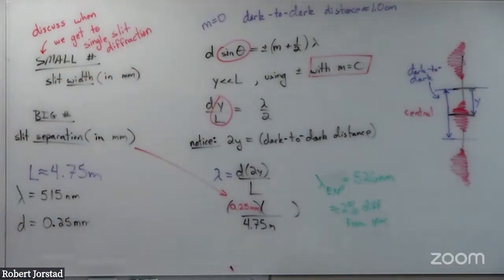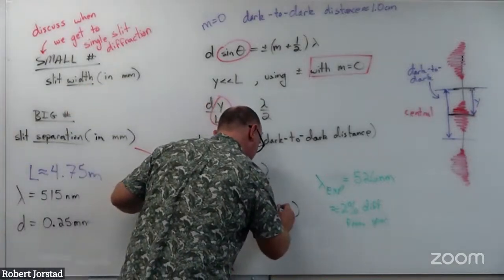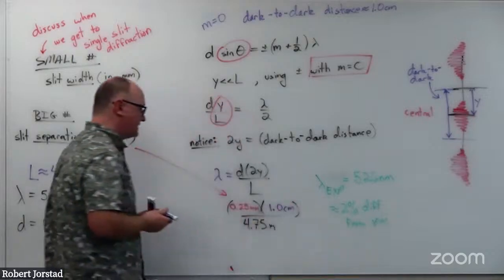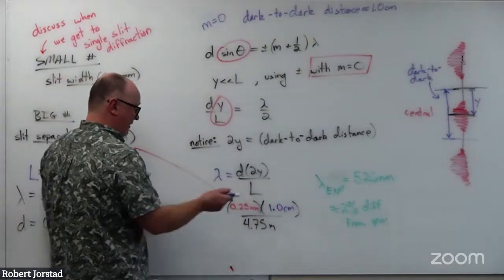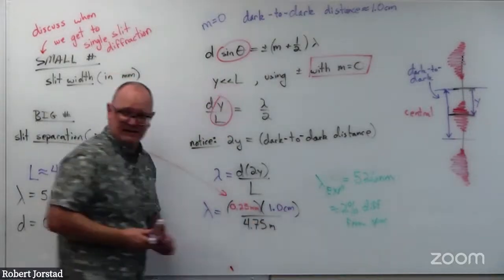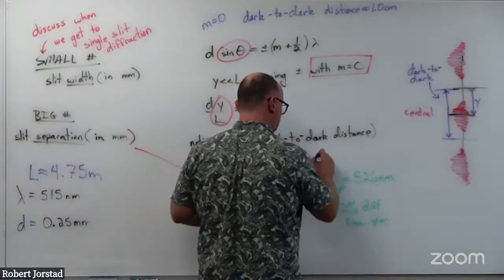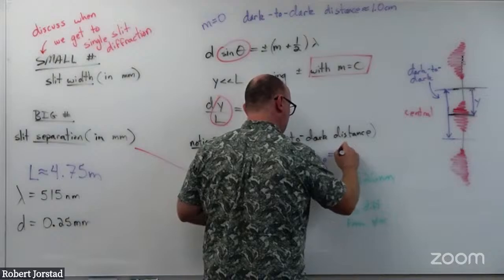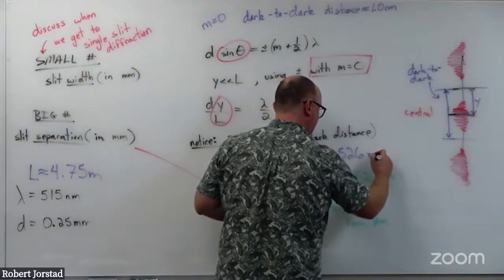Here's my purple. Notice I basically got 2 sig figs here. And so out of all that, I found lambda, let me see if that shows up. It doesn't show up at all. I think it was 526 nanometers.